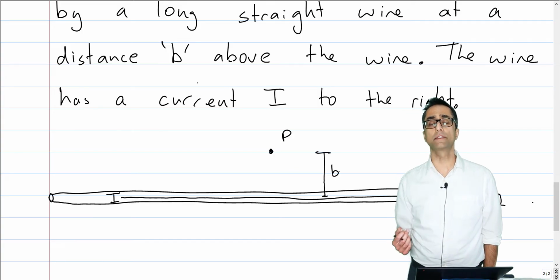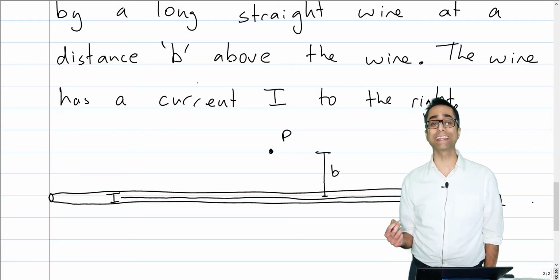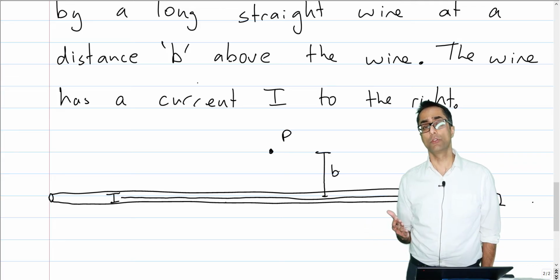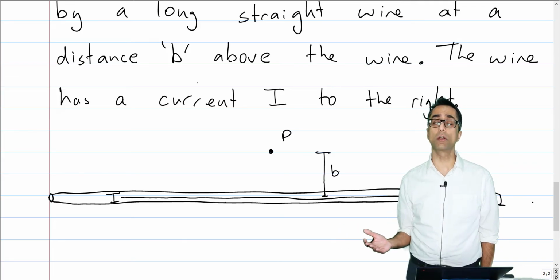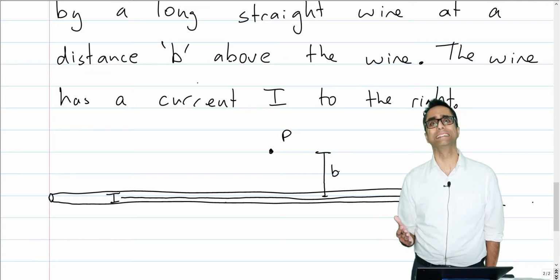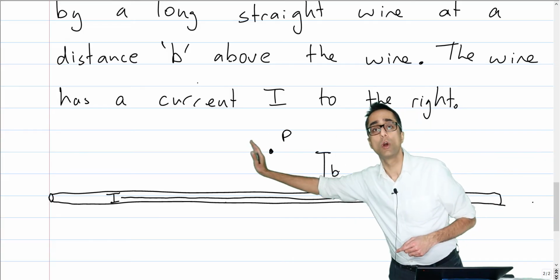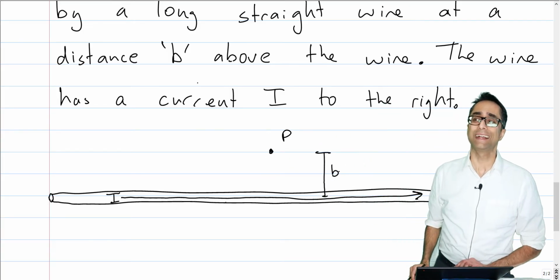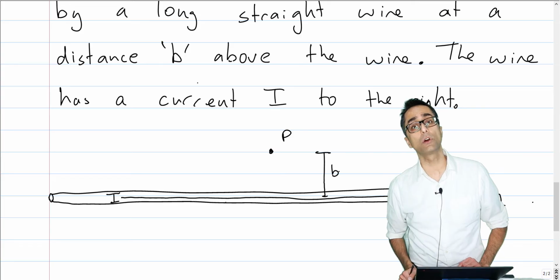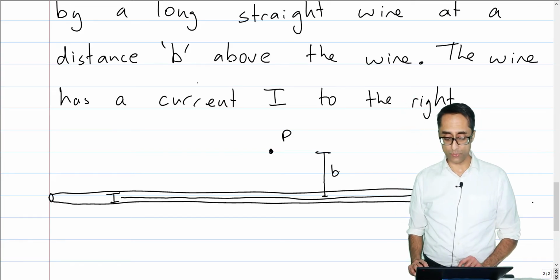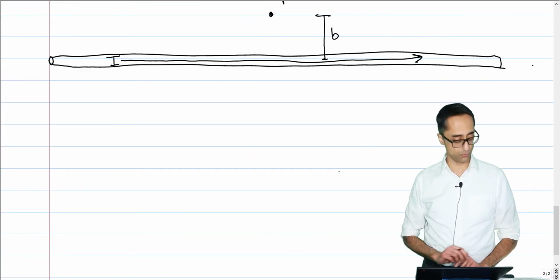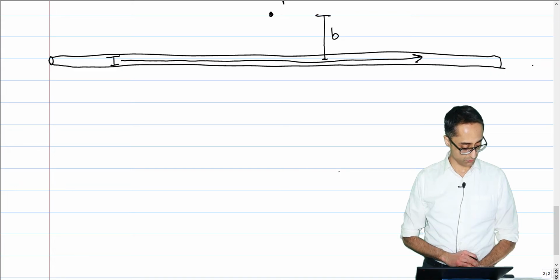Remember that in the Biot-Savart law, the angle theta is between ds, which is in the direction of current, and r hat, which is the direction of the point P. And so they're going to constantly change as we go around this wire segment, and it will get exceedingly difficult to do. And we don't need to worry about that because we can do it with Ampere's law. And so let's go ahead and figure out how to do this problem.